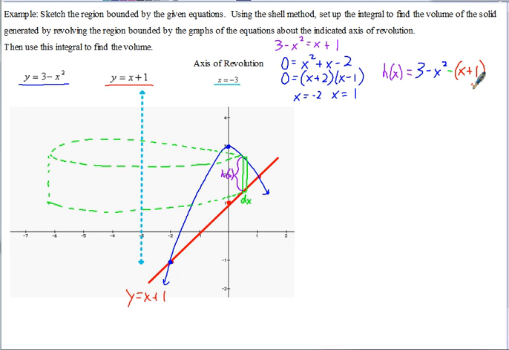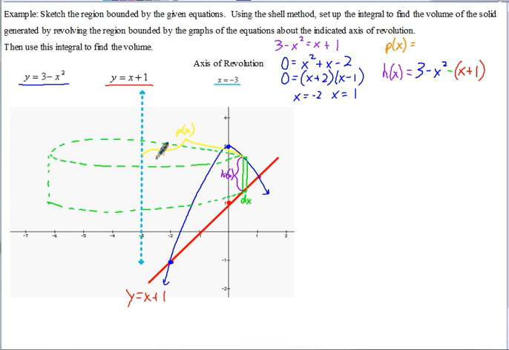And then our radius this time is not going to just be x, because it doesn't just revolve around the y-axis. So if you look at it graphically, you can see it goes from our axis of revolution to the rectangle. There's our radius. There's a couple different ways you can figure that out, whichever way works best for you. So one way, like we did the top function minus the bottom function, because the top function has a bigger y coordinate, you can do the same thing here.